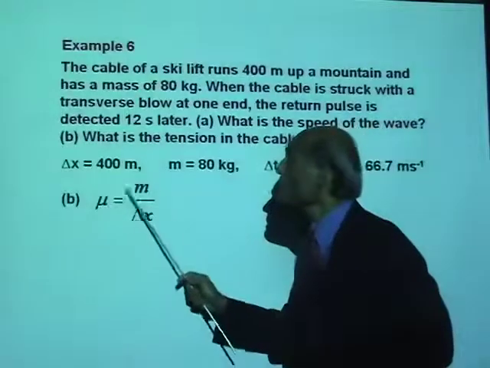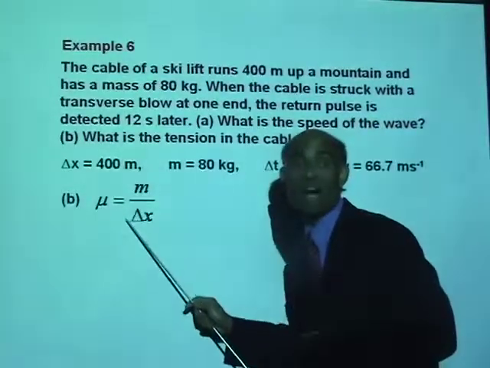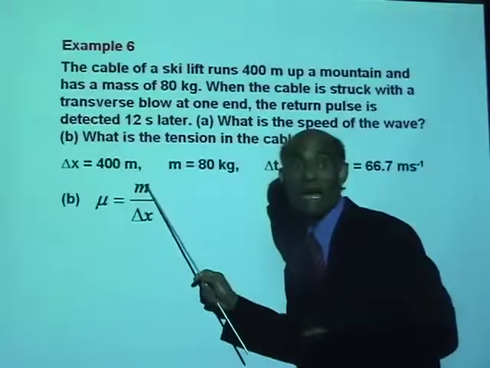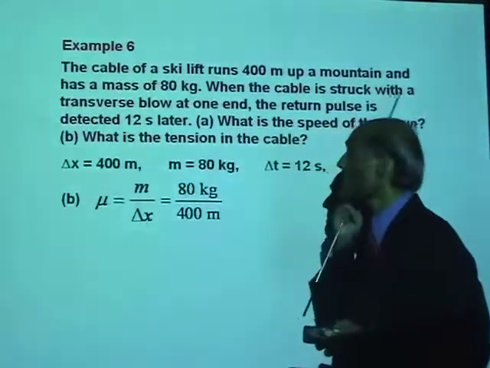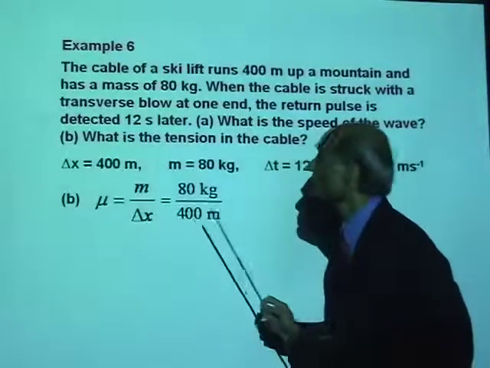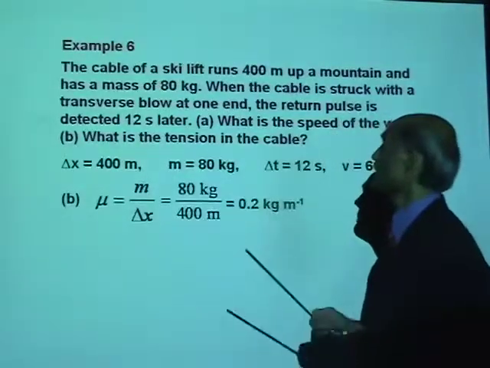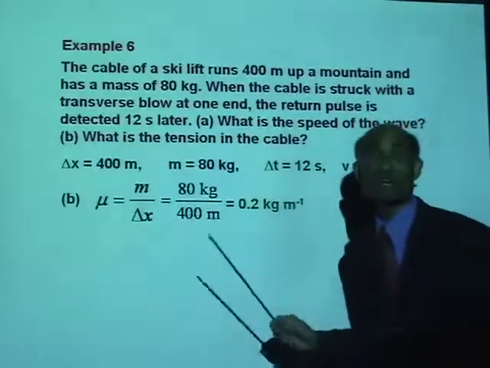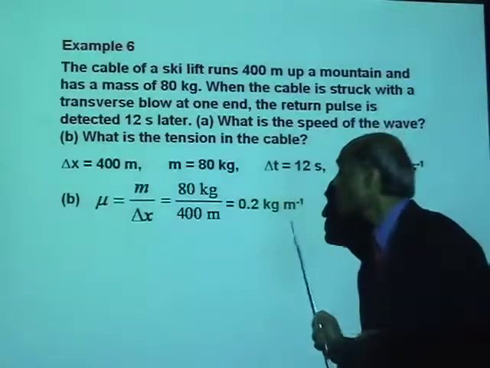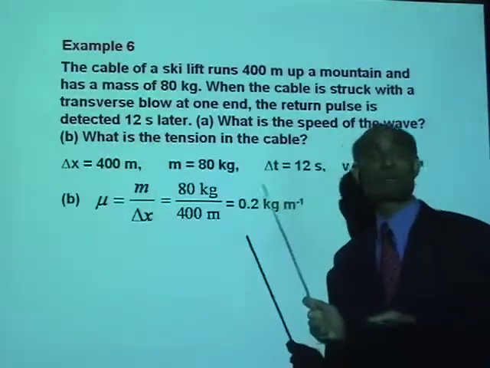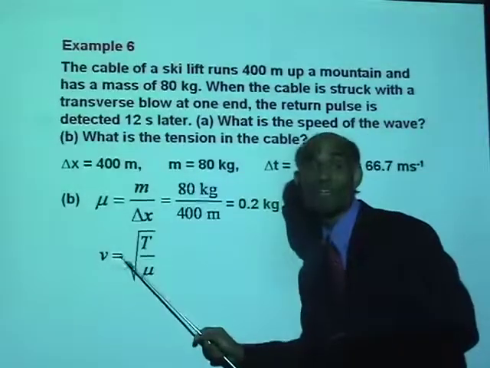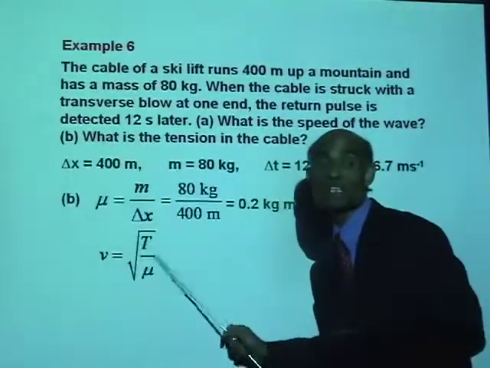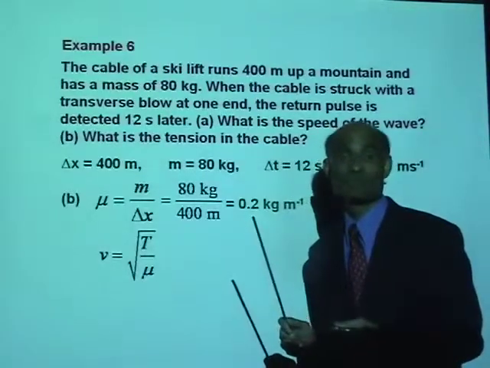Now, mu equals the mass divided by length. Mu is mass per unit length. That is 80 kilograms is the mass, length is 400 meters. Therefore, the mass per unit length is 0.2 kilogram per meter. And now we have v equals square root of T over mu.